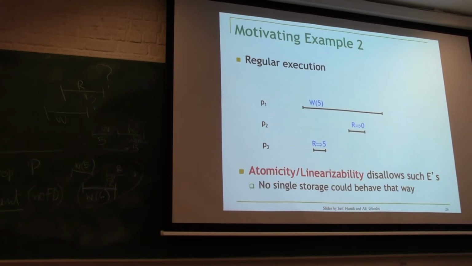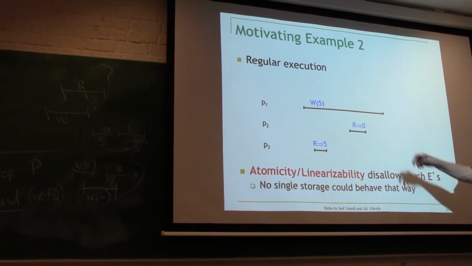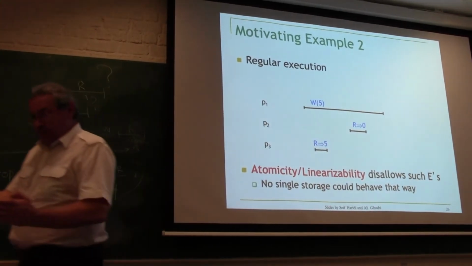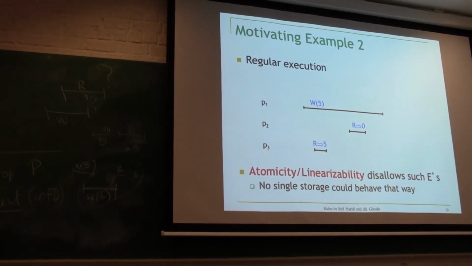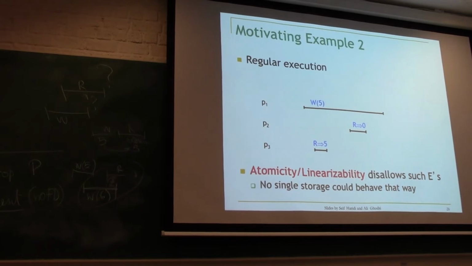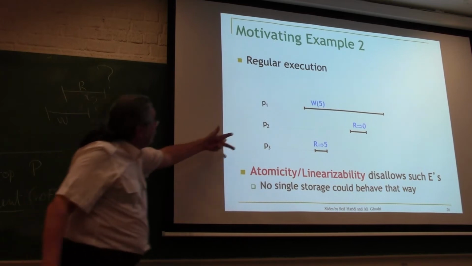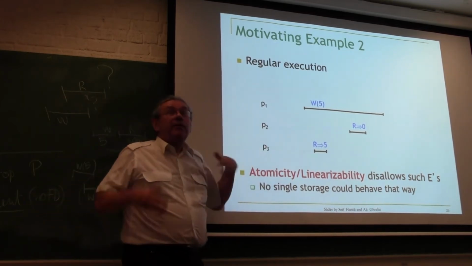No single storage could behave in this way. It's like these are separate threads. If I write 5, and I read a 5 in one thread, and in another thread I read later and I read 0, that's not possible. These are kind of like threads, if you want to get the analogy.